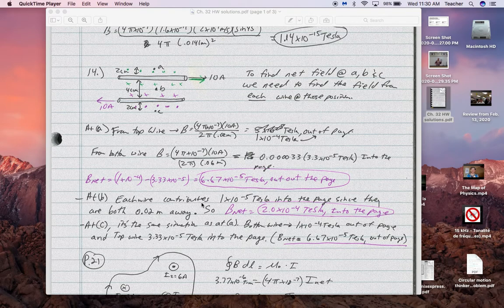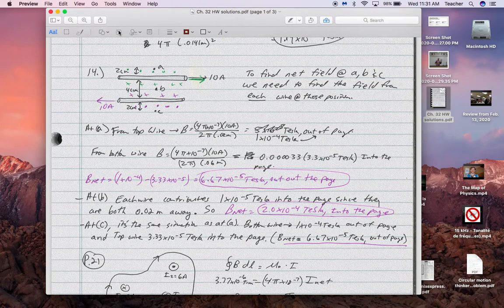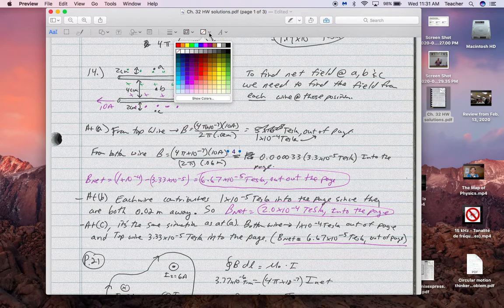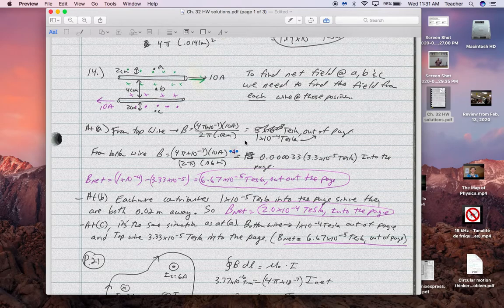At point B, each wire contributes this 1 times 10 to the negative 5th Tesla. So it should be 1 times 10 to the negative 4th Tesla. Gosh, I am having issues. So I'm going to do this. Here I'm going to do this.